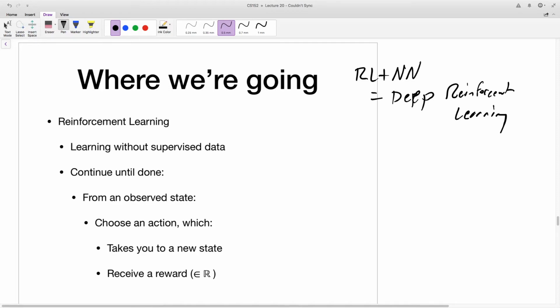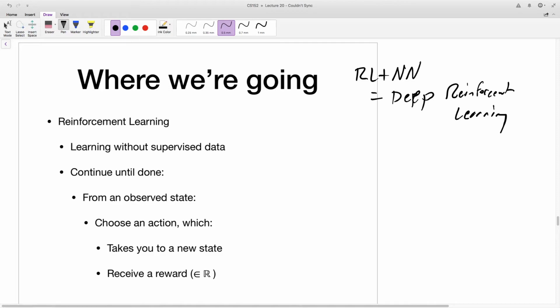Okay, reinforcement learning: we don't have any supervised data. Well, there are a bunch of states, and we start from a particular state. Then we get to take an action. That action will take us to a new state and give us a reward.